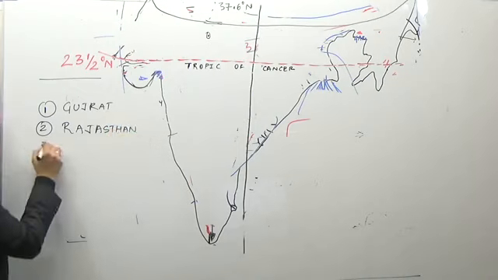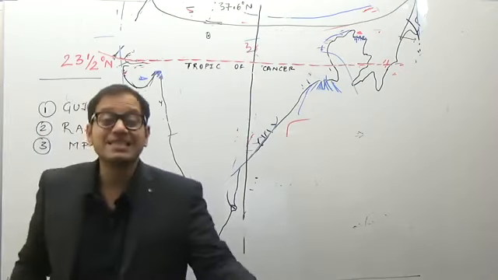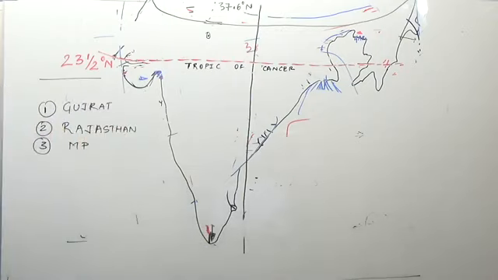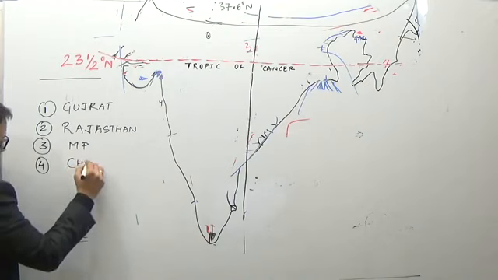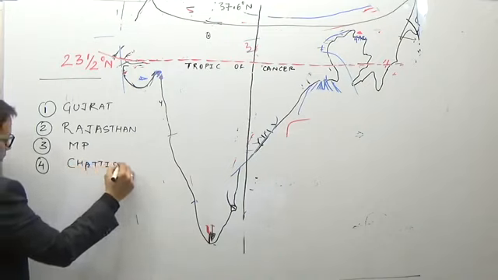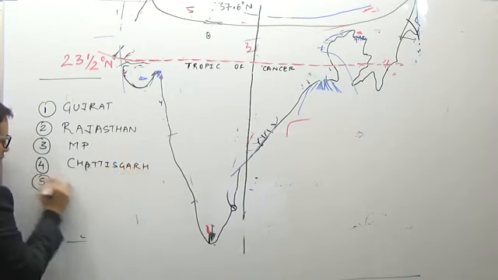The third state is Madhya Pradesh. The fourth state is Chhattisgarh. The fifth state is Jharkhand.